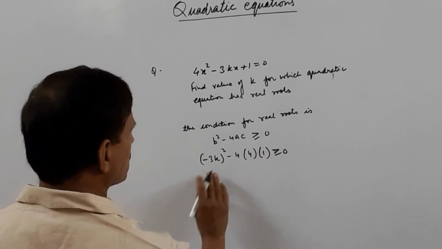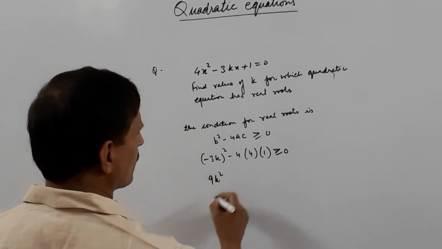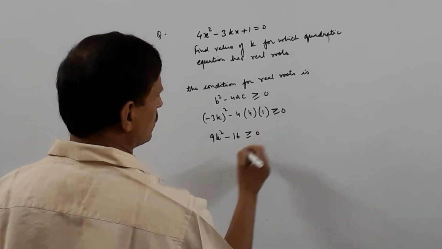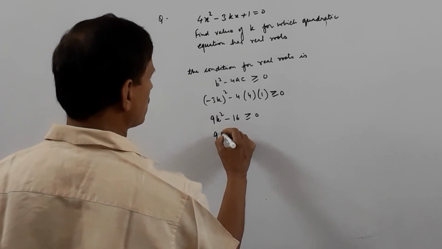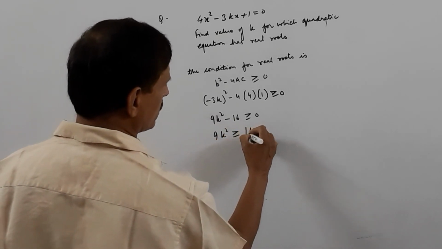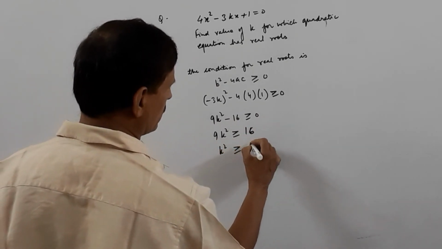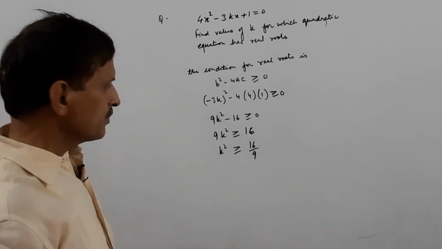So minus 3k square means 9k square minus 16 is greater than or equal to 0. 9k square is greater than or equal to 16, or k square is greater than or equal to 16 by 9.